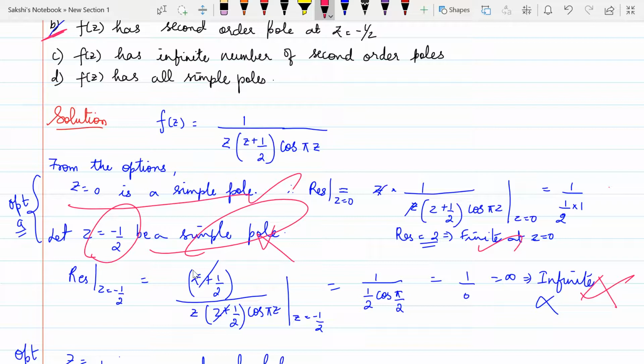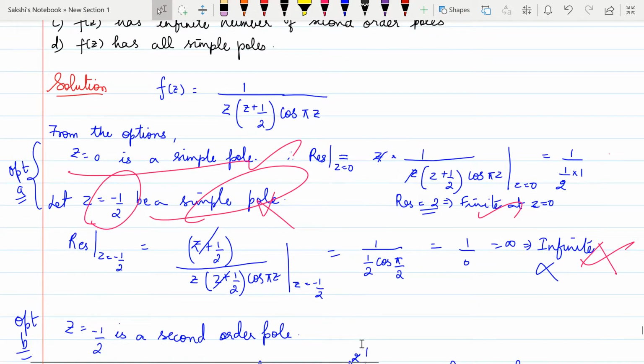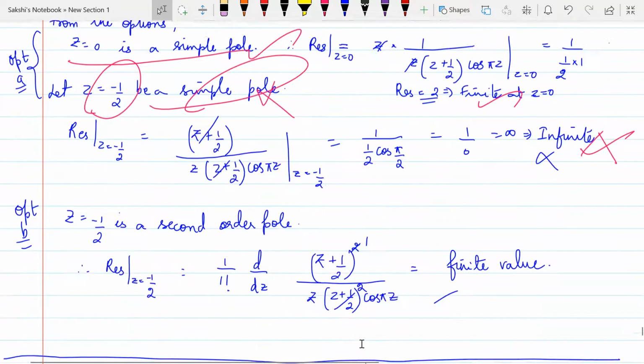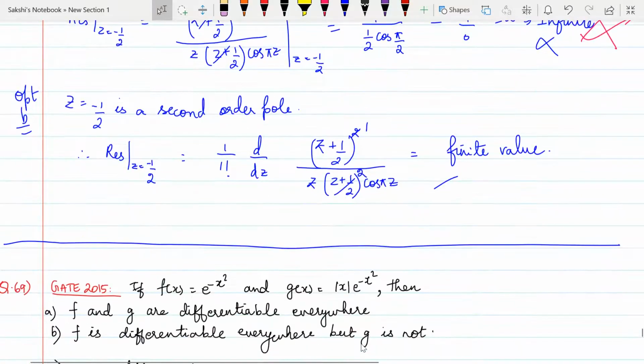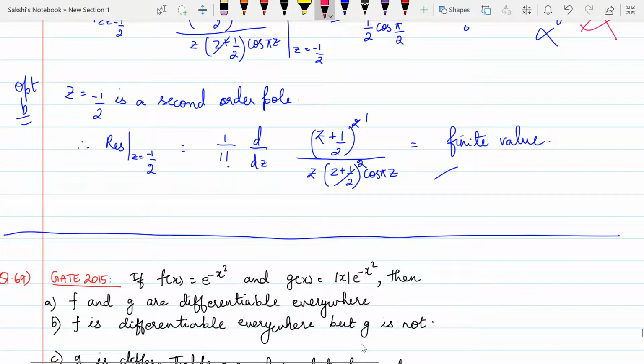Now we can also check that same thing. If you consider z is equal to minus half as a second order pole, then what do we do for taking the residue? If z is equal to minus half is a second order pole, then I'm going to multiply by z plus half the whole square, and the square will get cancelled.